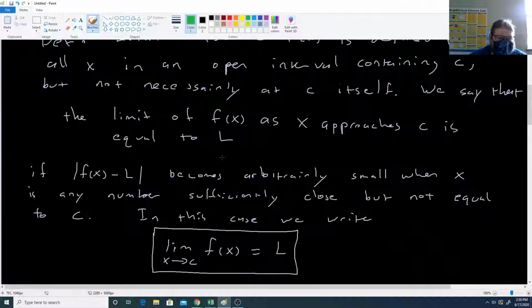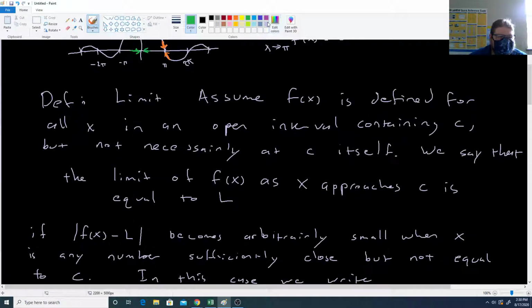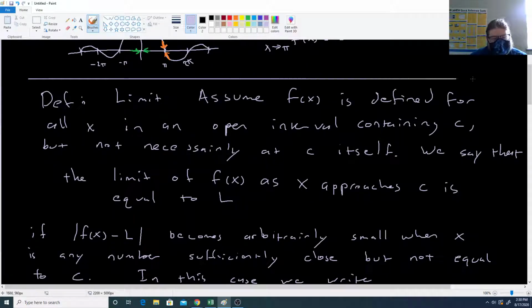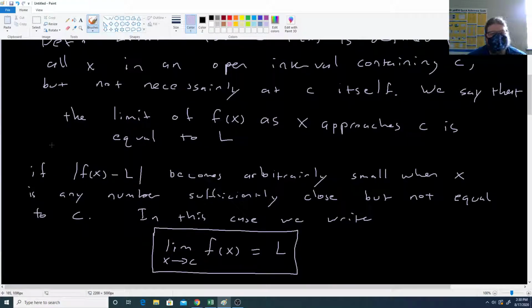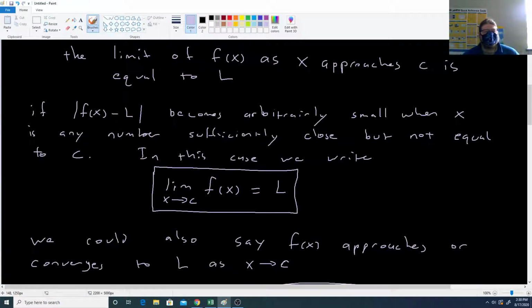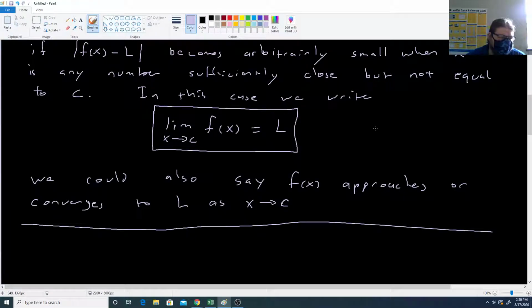So this definition basically says, as x approaches c, so as the distance between x and c gets very small, does the distance between the function values and L also become very small? And when that happens, we can say the limit as x approaches c of f of x equals L. So we'll pause there for a second.